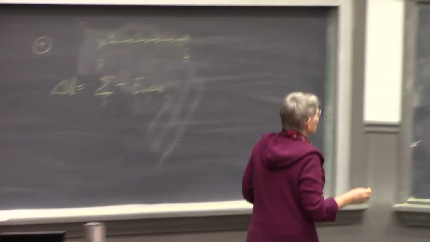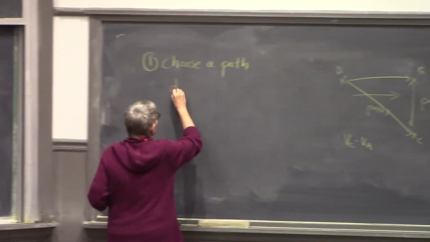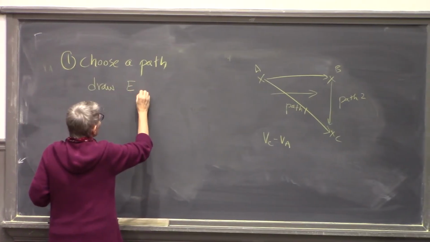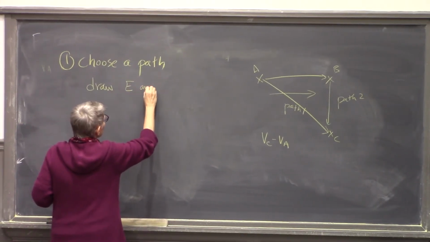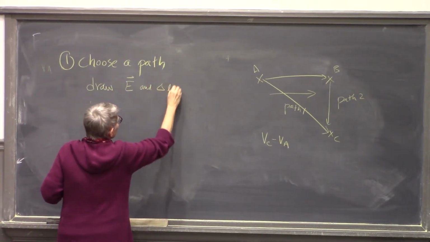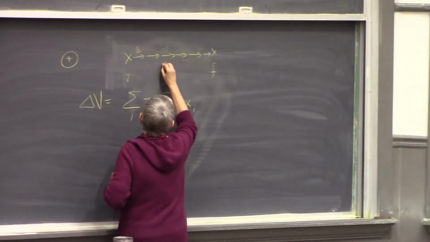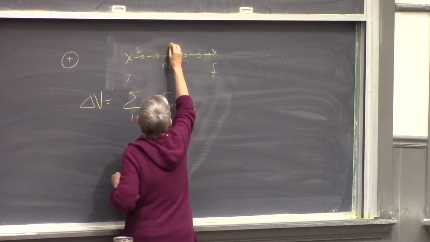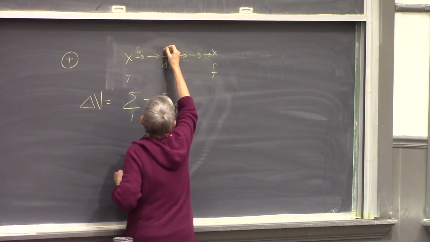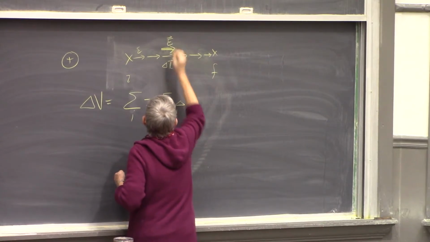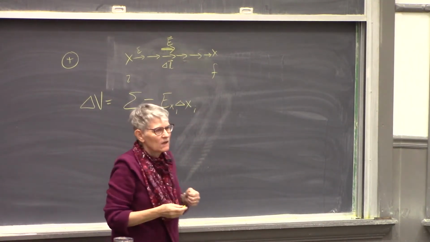It's a good idea to draw E and delta L along at least part of the path. So here's our path. I'm going to draw delta L, and I'm going to draw the electric field here.